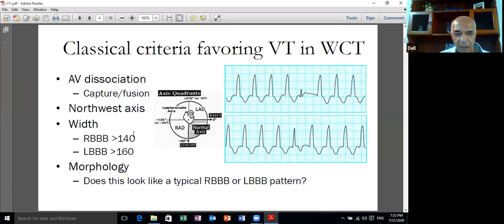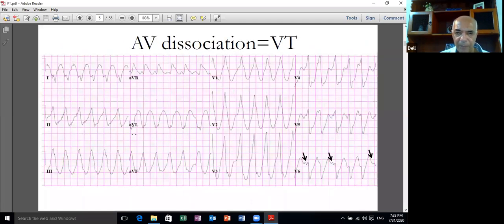If it's left bundle in morphology, then 160 is the cutoff point. If you are still confused and you have the luxury of having a 12-lead electrocardiogram, then you study the morphology of V1, and that's the most important thing.